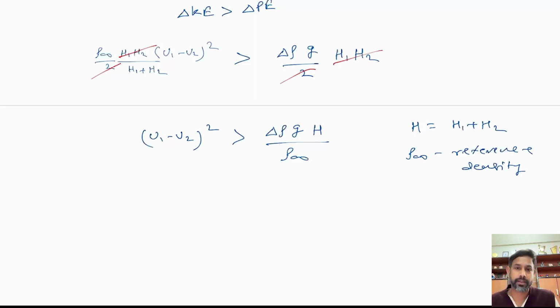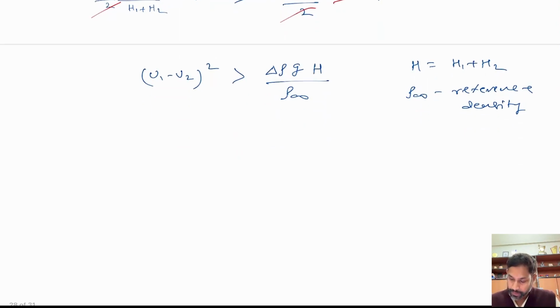This is, let's say, the average of both of them, or in a similar range. It cannot be very different from both the values, right? So this condition, now you see, must be satisfied.